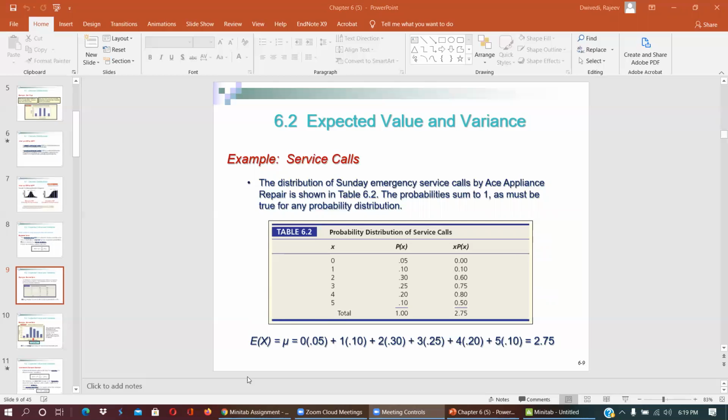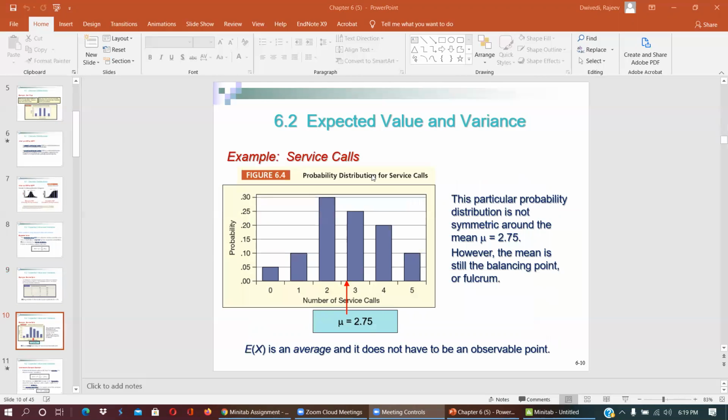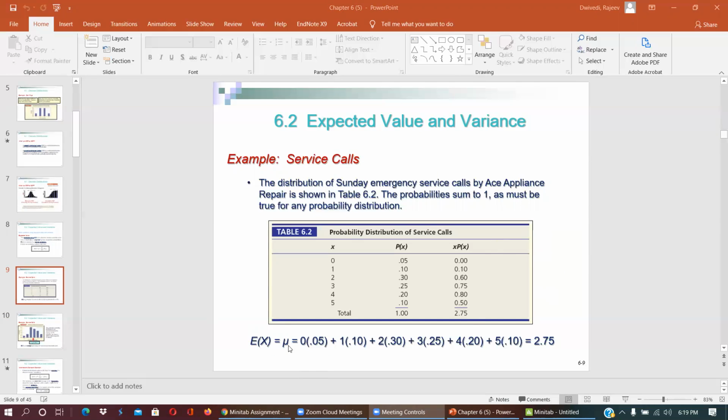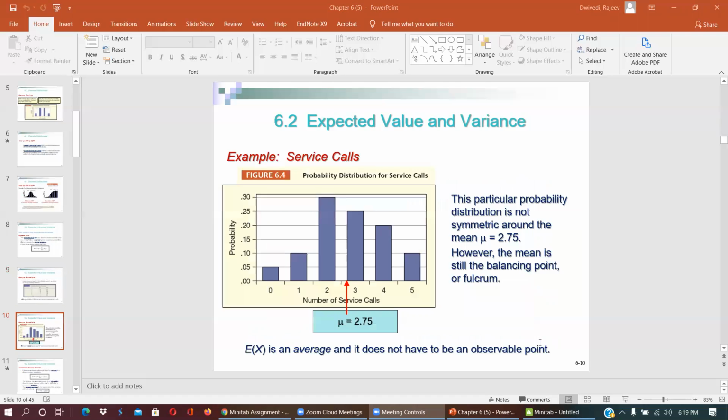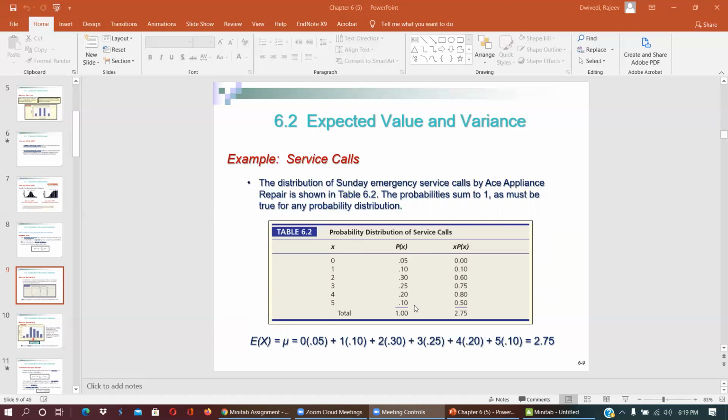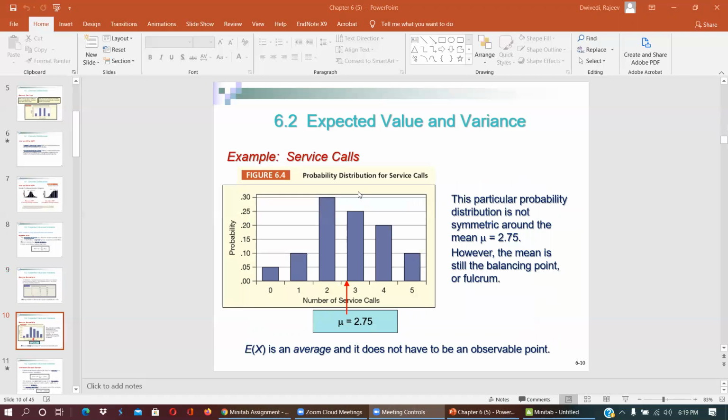This is called the expected value. So this is also denoted by mu, 2.75, and if you plot these things, you can see the mu or expected value is here.